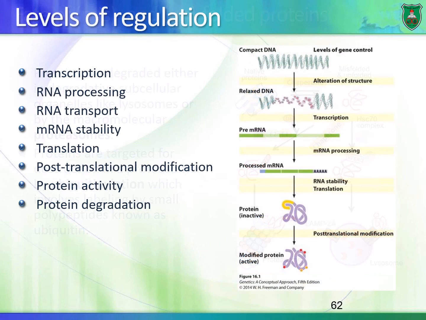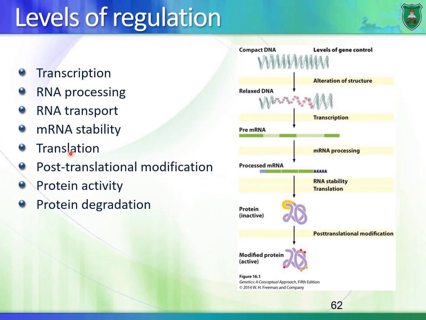So that's another level. The idea is that you have different levels of regulation, and we have talked throughout the course about these different levels. You have regulation of transcription, regulation of RNA processing, alternative splicing, capping, polyadenylation, and so on. Regulation of RNA transport, so some RNA molecules are not transported out of the nucleus. mRNA stability, we talked about that. We also talked about euchromatin, heterochromatin, the compaction of the chromatin structure, epigenetics basically.